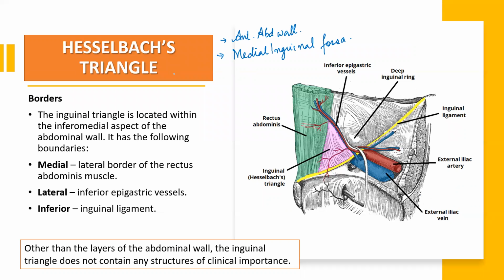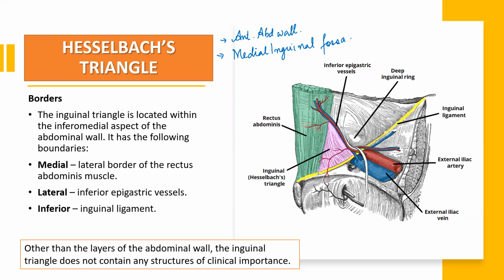Now coming to the borders of Hasselbalch's triangle or inguinal triangle. Medially, we have the lateral border of the rectus abdominis, the one in the green. Now, laterally, we have inferior epigastric vessels.